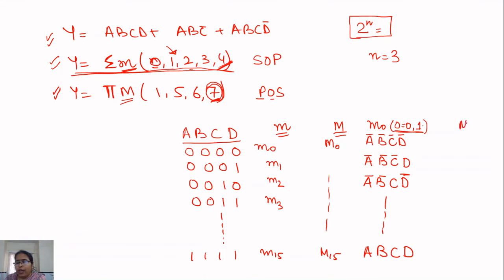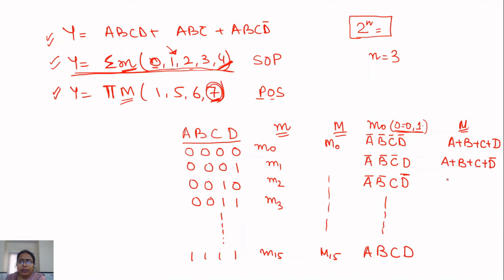So for M0, what you will write? And this will be product of sum. So you will write it as A plus B plus C plus D. And for 0 0 0 1, here 0 will not be complemented, 1 will be complemented.